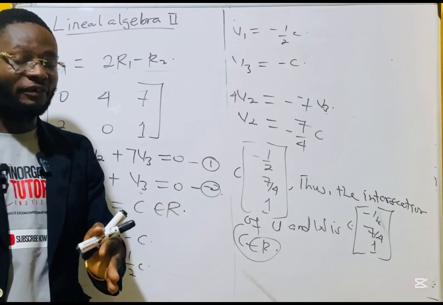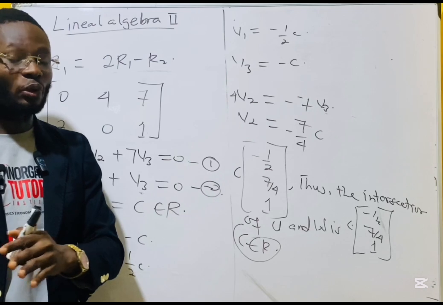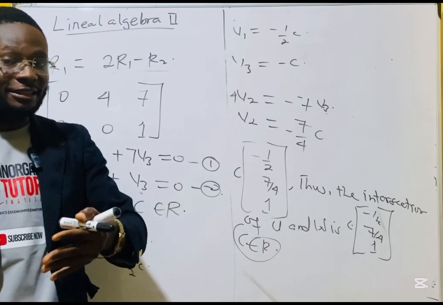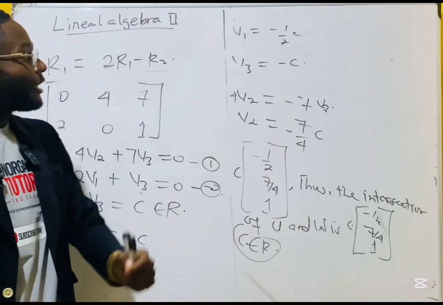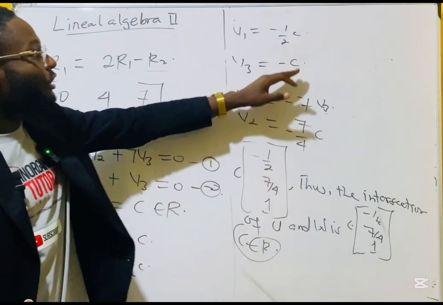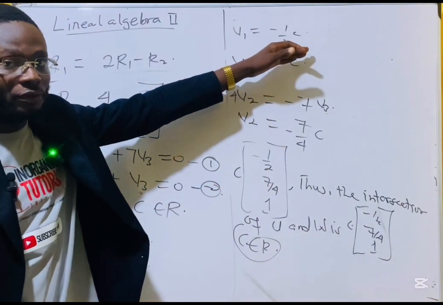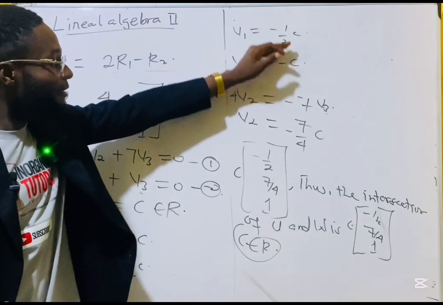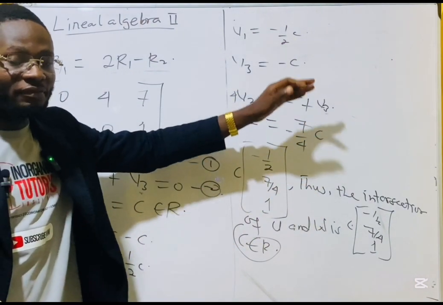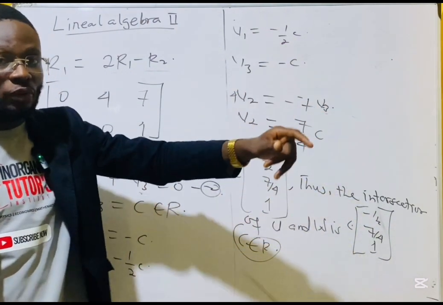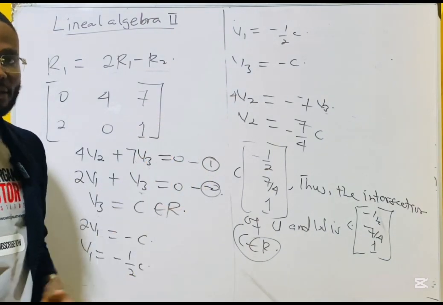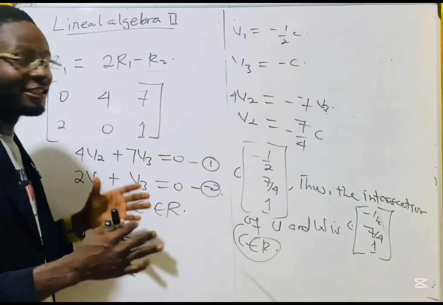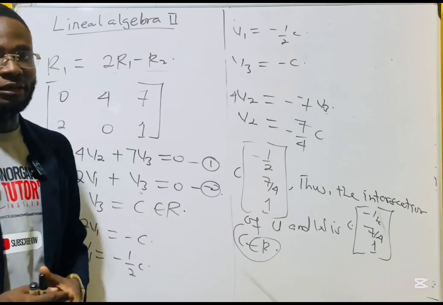So you represent one variable by a constant, by a real number, say C or any variable, okay? Then once you have that, you can determine the rest of the variables. So these values that you obtain for V1, V2, and V3 represent your intersection for this particular subspace. Right. So that's the end of problem 3.